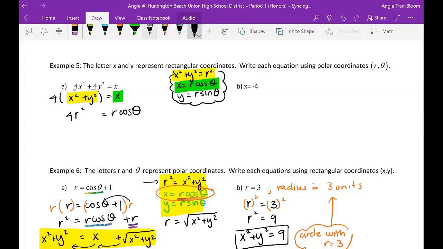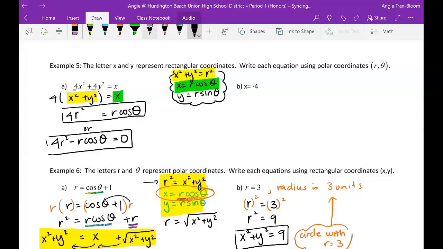Now, I will totally accept this answer the way it is. If you choose to move it to one side so that it equals 0, which I believe your book does, you can also do that. But I will always accept the simplest answer. Whether you move it equal to 0 or not, it's still in the simplest form. You can't really do anything else.